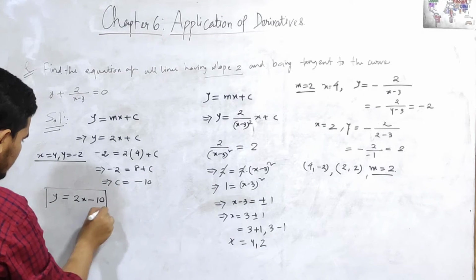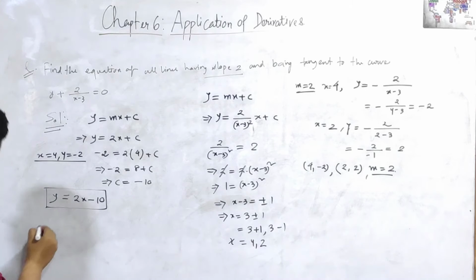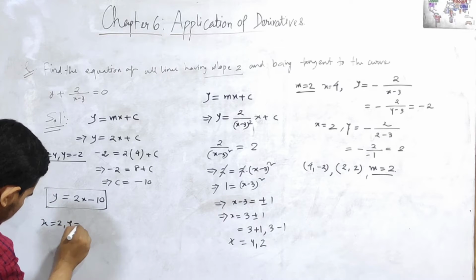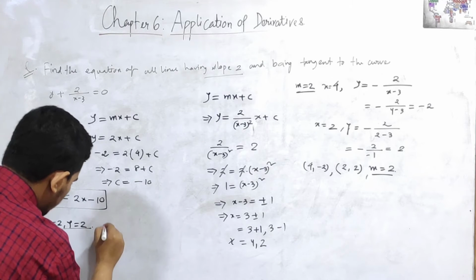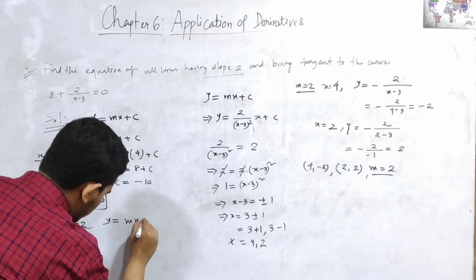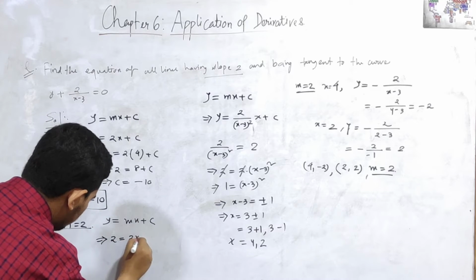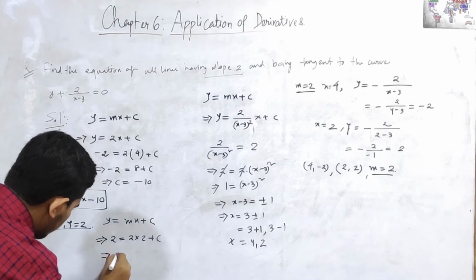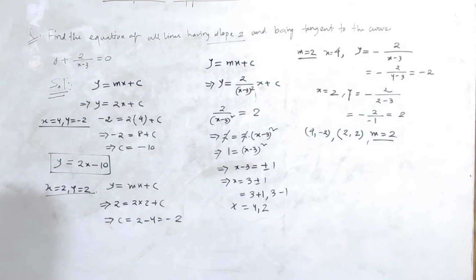So this is our first line, and again at x equal to 2 and y equal to 2, I will find another line having slope 2. So when I write at x equal to 2, you can clearly see this is a repetition of the first step also.